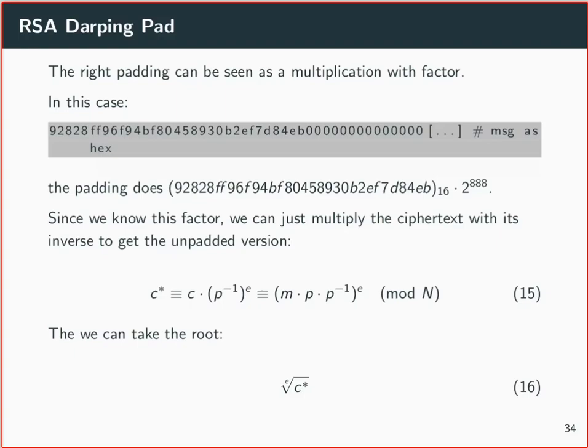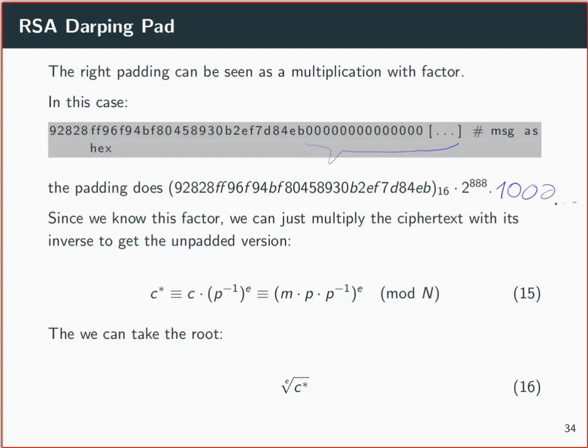if you think about it, what appending 0 bytes here actually does is, from the perspective of numbers, you have this AES key and you multiply it with a power of 2, right? A power of 2 in hexadecimal or in binary is always 1 and then many zeros.